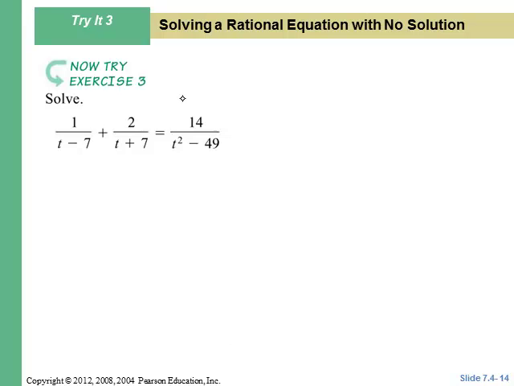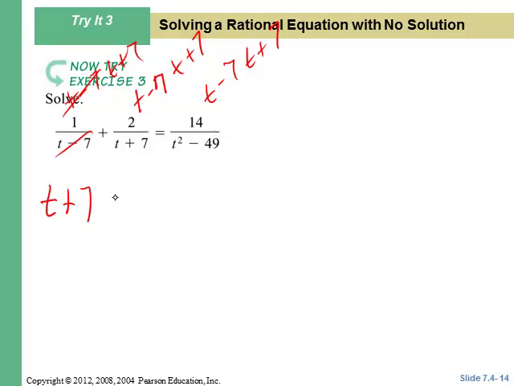You try this one. Multiply everything by t minus 7, t plus 7. Okay, first one's the t minus 7's cancel, so you're left with the t plus 7. 2 times t minus 7 equals 14.